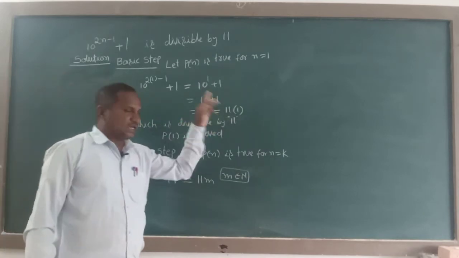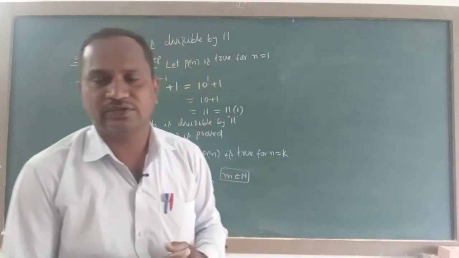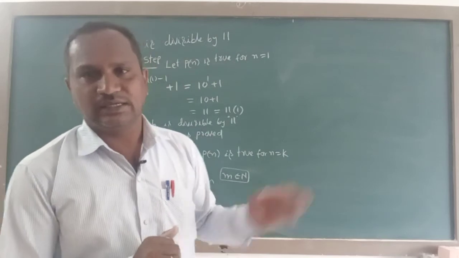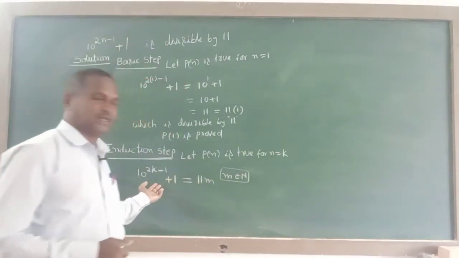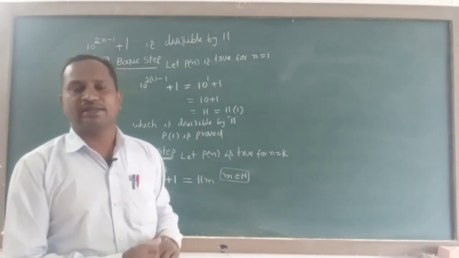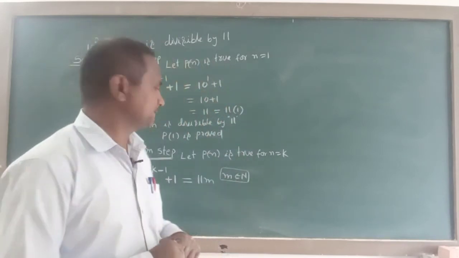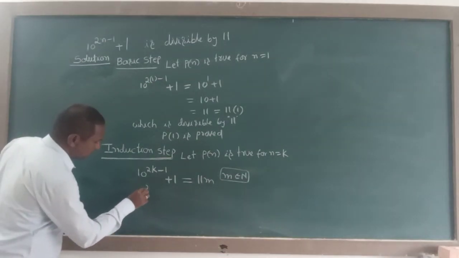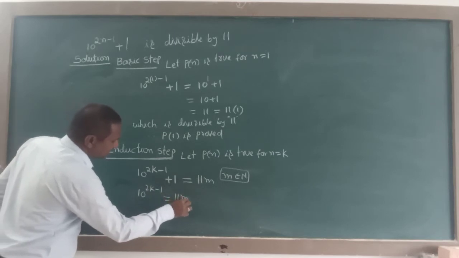Because we got 11, 11 means 11 into 1, 22 is 11 into 2, 33 is 11 into 3, 44 is 11 into 4. Like that we write for all multiples of 11. Here we don't know which number we are getting, that's why we write 11m. We write 11m because in the question they are asking that it must be divisible by 11. So 10 to the power of 2k minus 1 is equal to 11m minus 1 here.